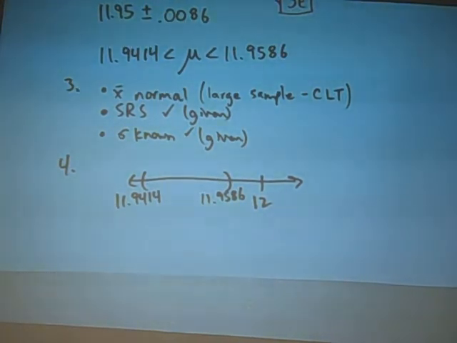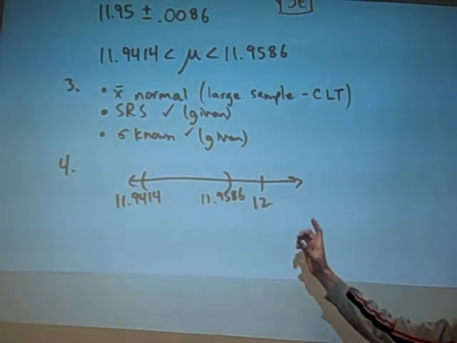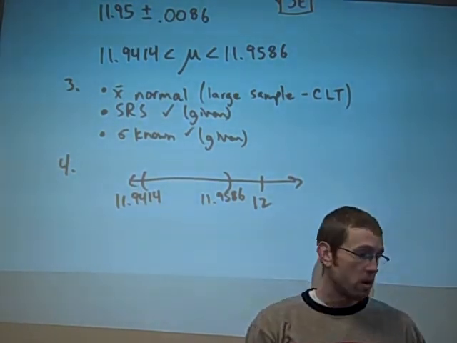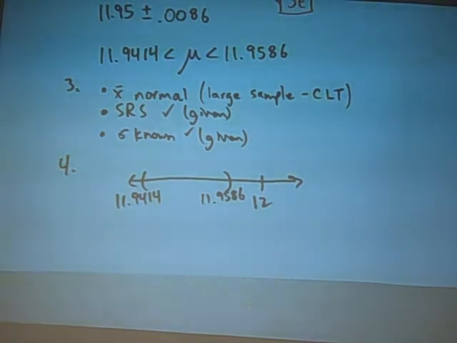So maybe what we do as consumer groups, we go out and say, all right, well, let's test that claim. We take 36 cans. We measure the amount in those 36 cans, and we come up with a confidence interval for the true average between here and here. So is it reasonable to think that mu really is 12 according to our data? No, right? We'd say no.